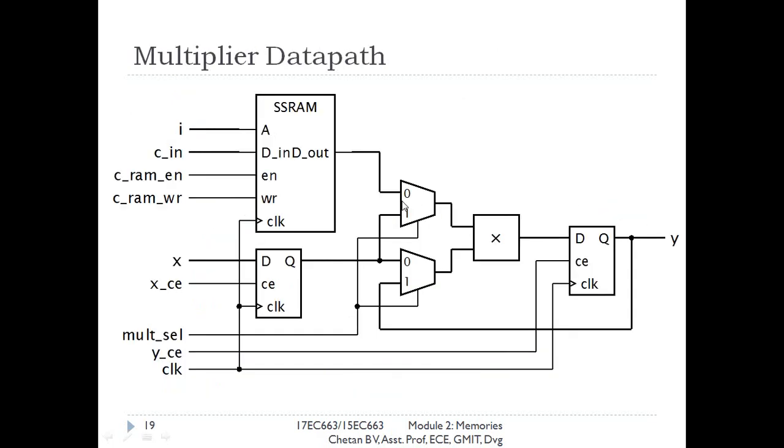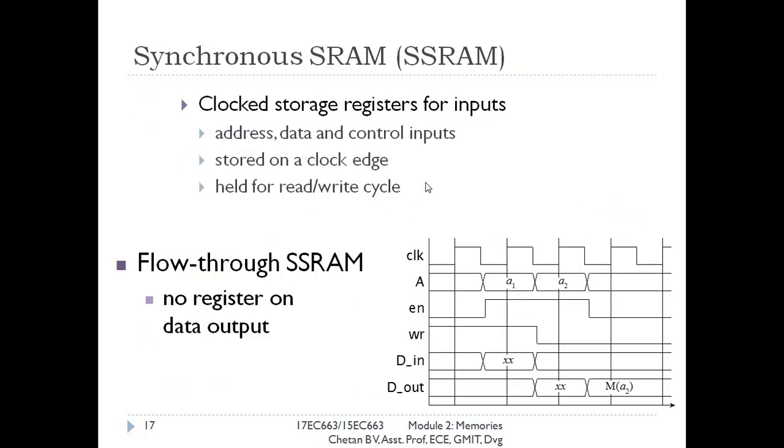If you observe the timing diagram of flow-through synchronous static RAM, during the write operation, the data which is stored in location A1, the data is XX, will immediately appear in the second clock cycle itself, as there is no register at the output.